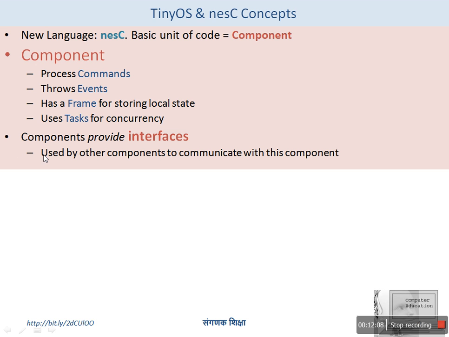It uses tasks for concurrency. It means that we have different types of tasks defined, and to perform concurrency we have to call these tasks one by one or simultaneously. So tasks are the actual work done by the sensor nodes.